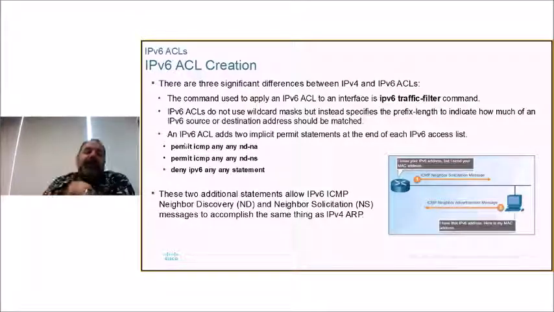And so we've got these 2 permit lines there. And so those solicitation messages are through ICMP. And so permit ICMP any, neighbor solicitation and neighbor advertisements, sorry. Of course, there is still the deny IPv6 any statement.